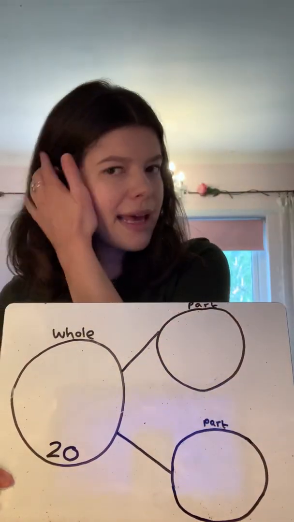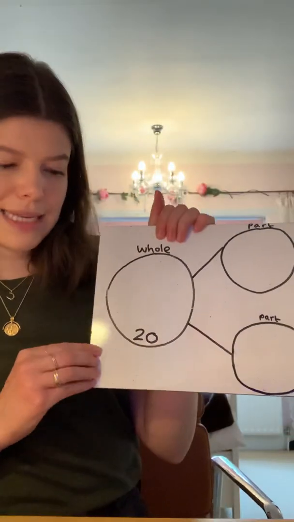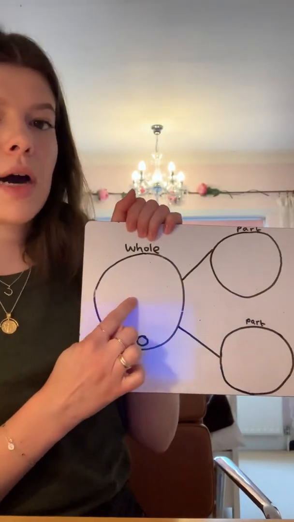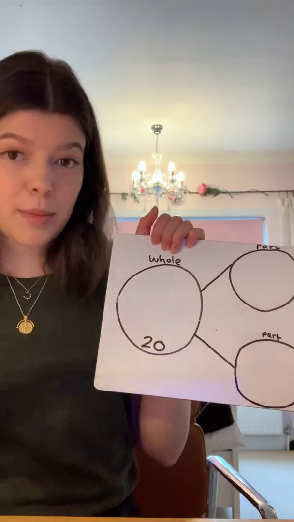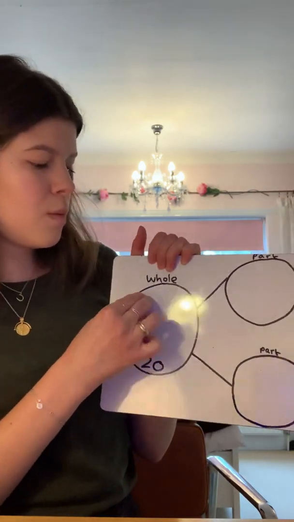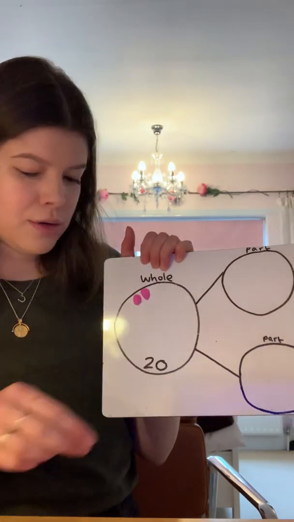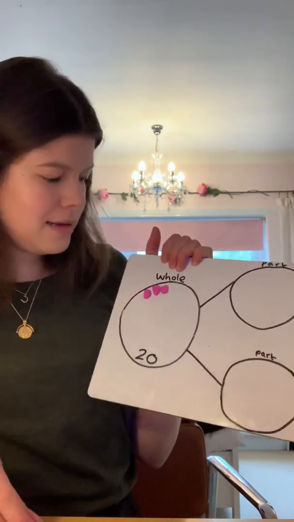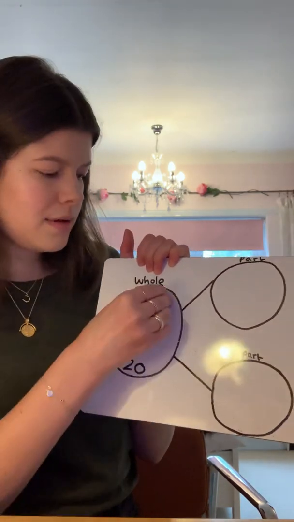Okay, so I'm going to start by counting out 20 objects into my whole. Okay, so I'm using my pink tack. You count with me. 1, 2, I want 20. 3, 4, 5.